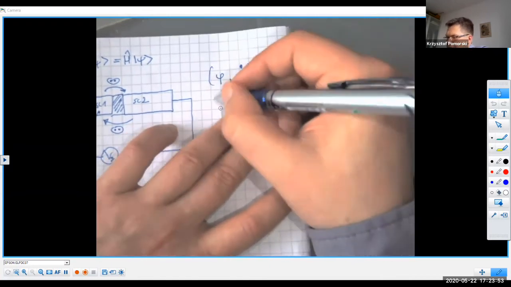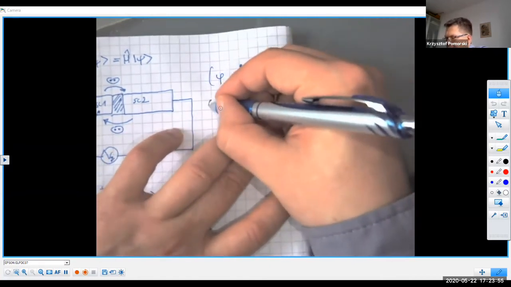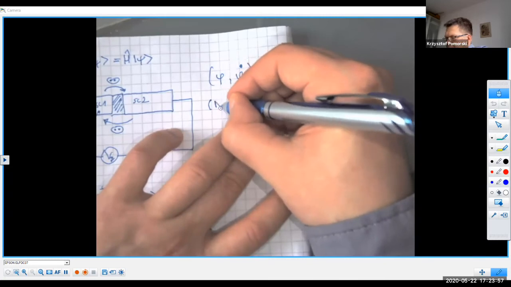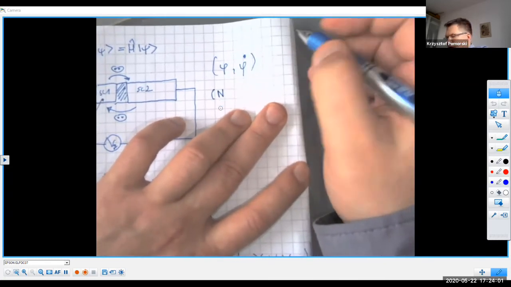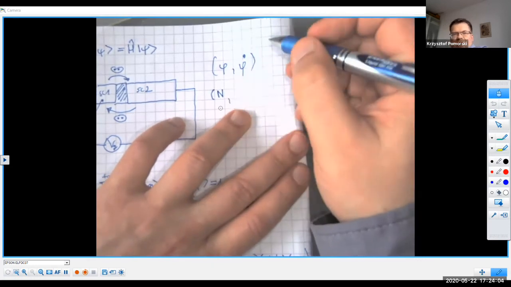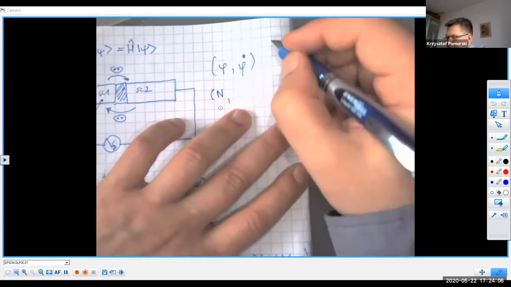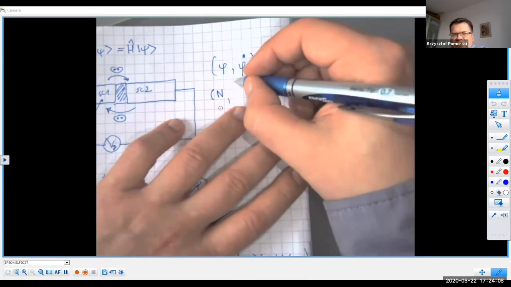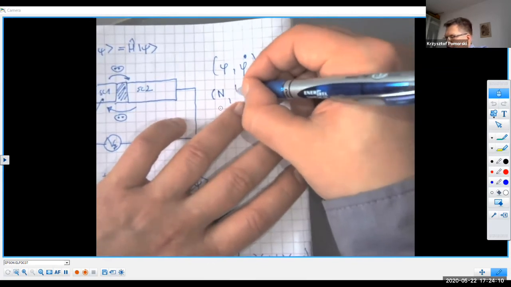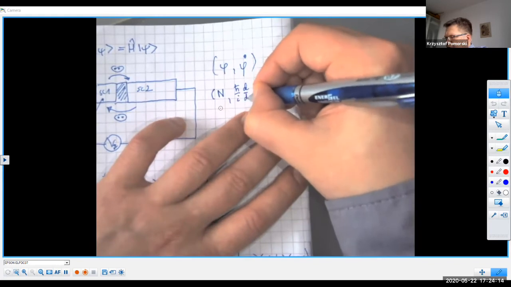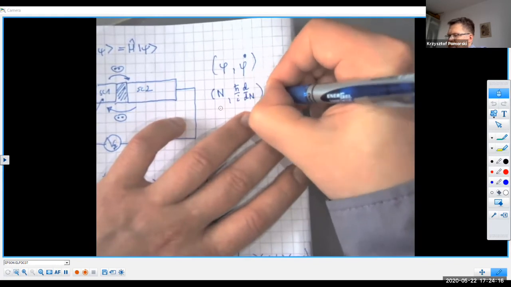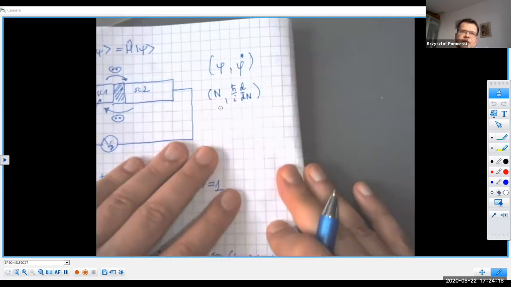And now we have a representation of the number of Cooper pairs, and there will be change of these Cooper pairs. So formally, we will have such an operator.